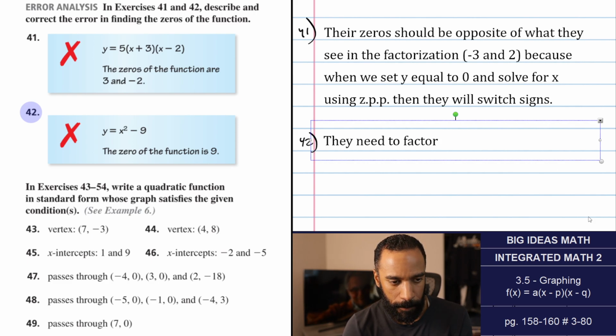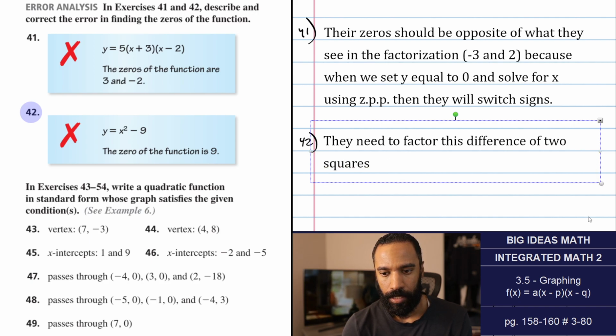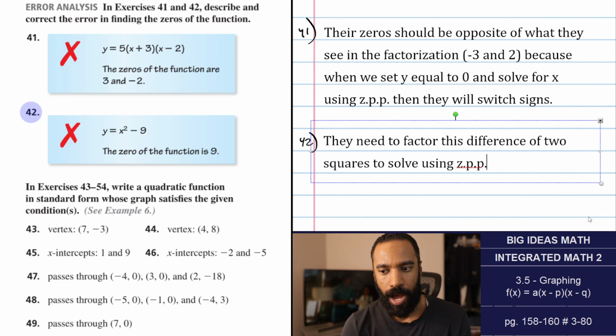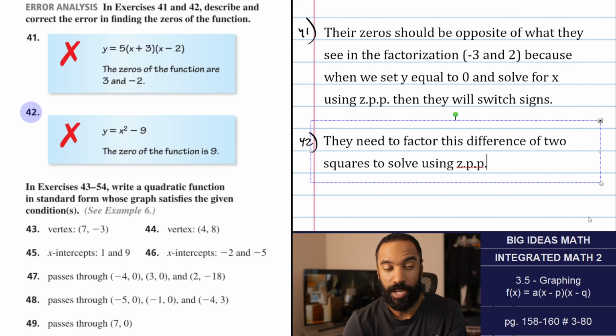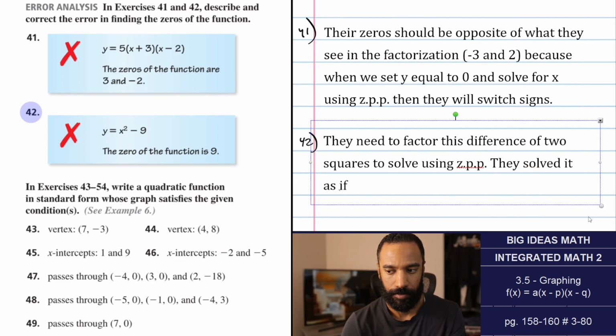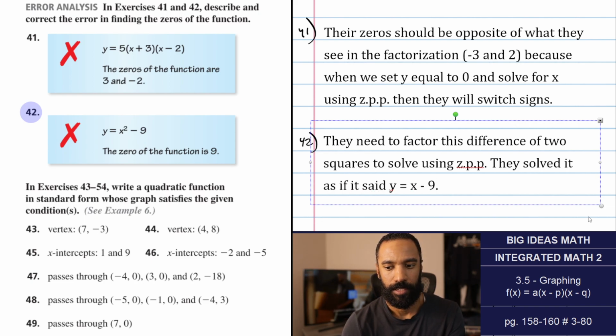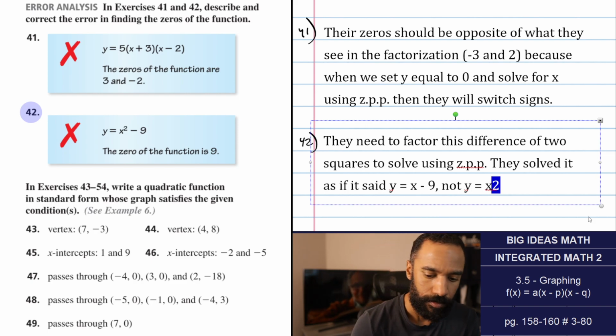But they need to factor this difference of two squares to solve using the zero product property, basically. They selected an incorrect answer. I mean, if it said x minus 9, yeah, it would work. They solved it as if it said y equals x minus 9, not y equals x squared minus 9.